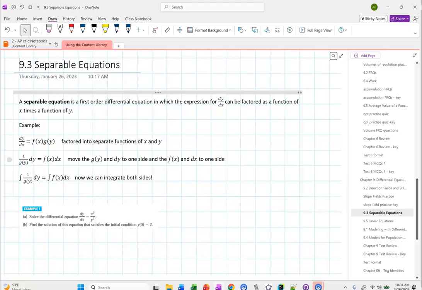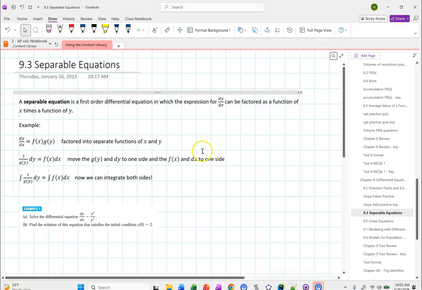First order means that it's just first derivatives living in it instead of second or thirds. And separable means that I can separate the x variables and the dx onto one side and the y variables and the dy onto the other side and have function of x times dx equals function of y times dy. That's what we mean by separable, that we're able to do that. We'll look at another situation where they're not separable and how we cope with that later.